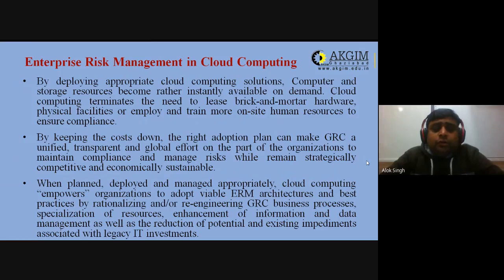By keeping the cost down, the right adoption plan can make GRC a unified, transparent, and global effort on the part of organizations to maintain compliance and manage risk while remaining strategically competitive and economically sustainable.